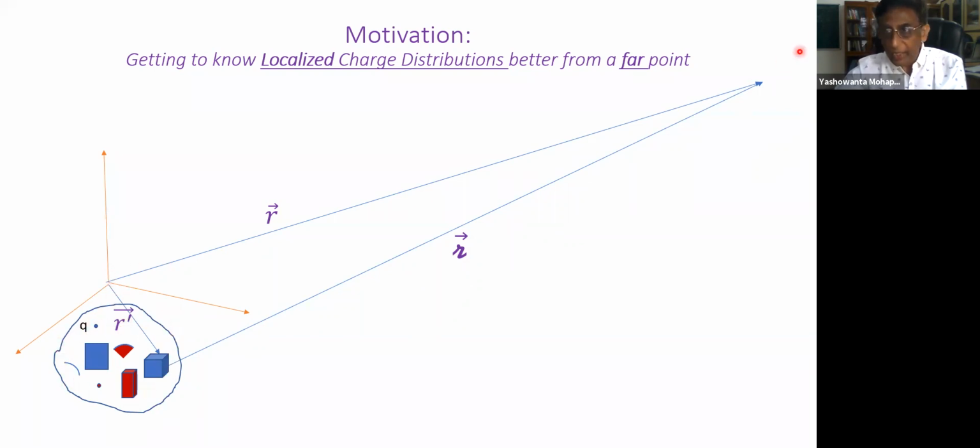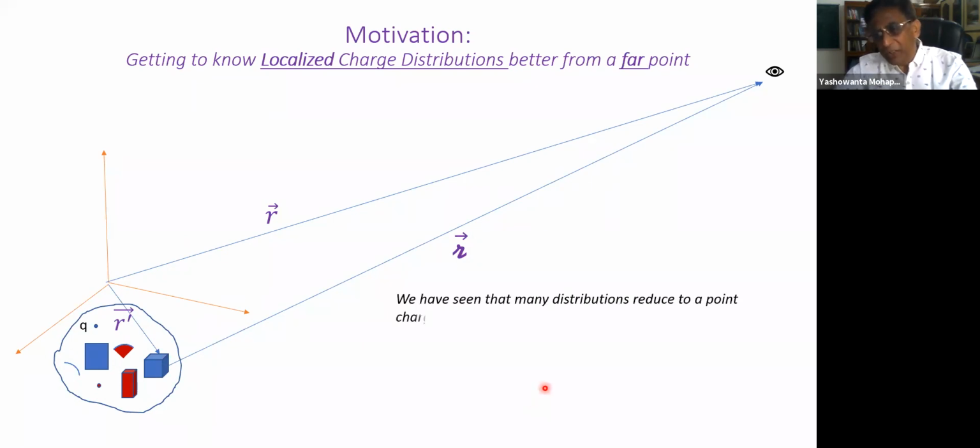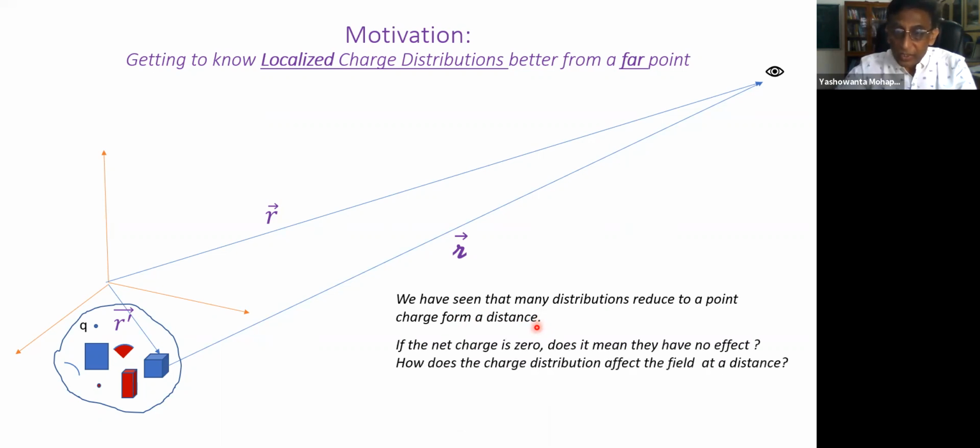Of course, I am viewing it from very far. We have seen that many distributions sort of reduce to a point charge from a distance. So, for example, if the net charge is zero here, does it mean they have no effect?